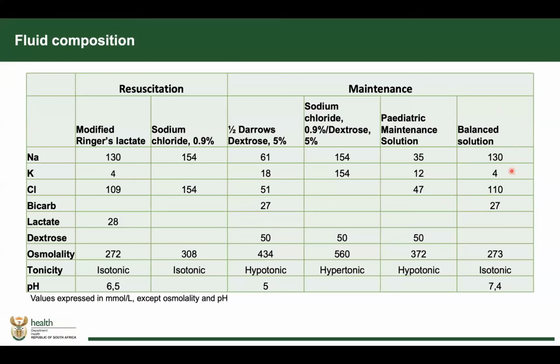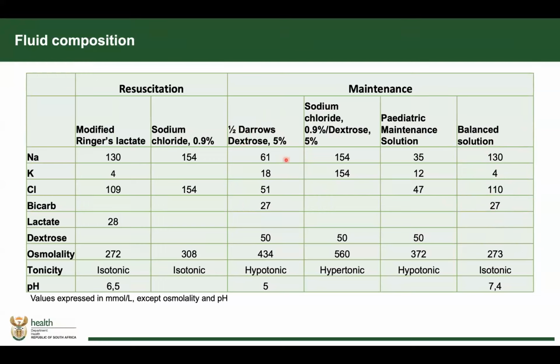So you can see over here that these values in the balanced solution are really what most closely approximate plasma. And that's actually what we're trying to mimic when we're replacing fluid for fluid maintenance in a child.